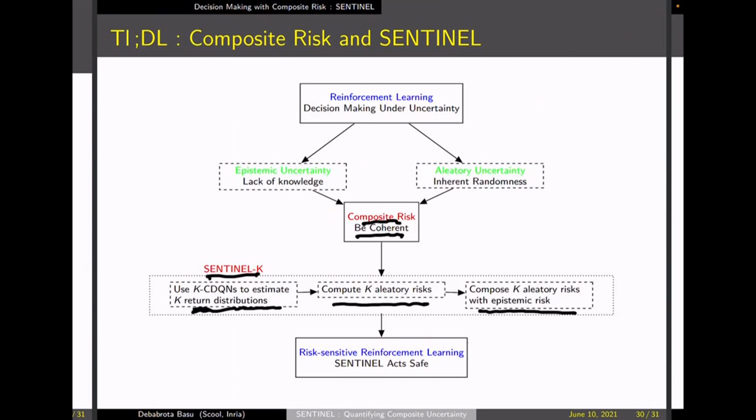And then we use it in risk sensitive reinforcement learning, as we have seen, using just Q learning on this composite risk estimate, which is very traditional, right?